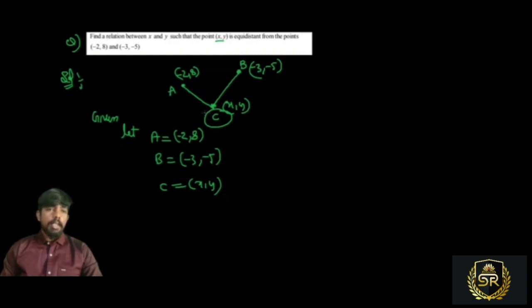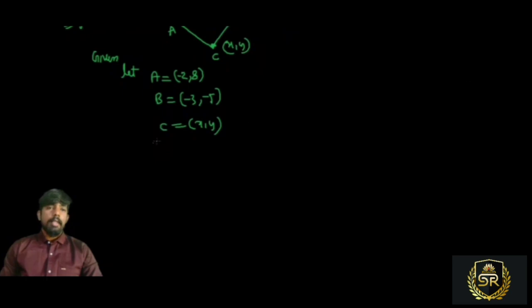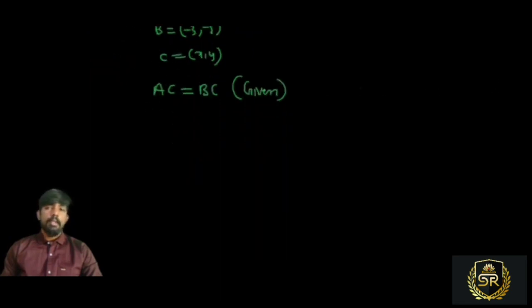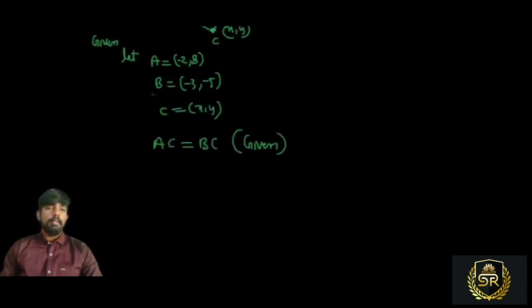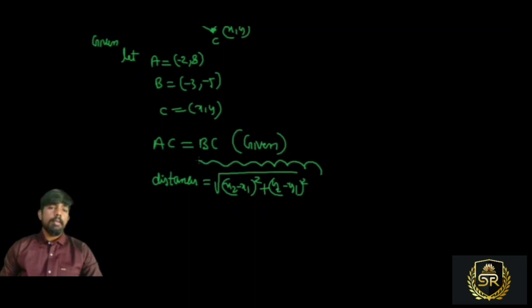That means this distance and this distance are equal. So from here we can say AC is equal to BC, right? AC is a distance, BC is a distance, both are equal. We know the distance formula: root over (x2 minus x1) whole square plus (y2 minus y1) whole square. This is the formula.